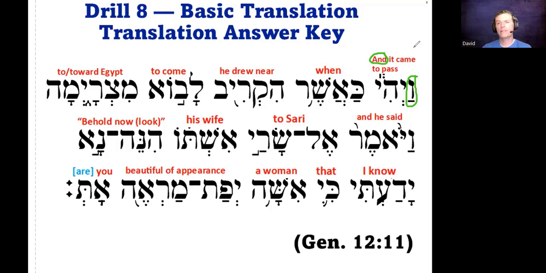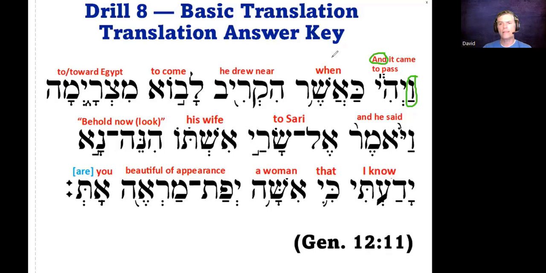When you add the prefixed vav, which is standing in the position of what is called a vav conversive or vav consecutive, it reverses the tenses. So this is translated and it was or and it came to pass, reference to a series of continual actions which take place in the biblical narrative, linking one action to another.